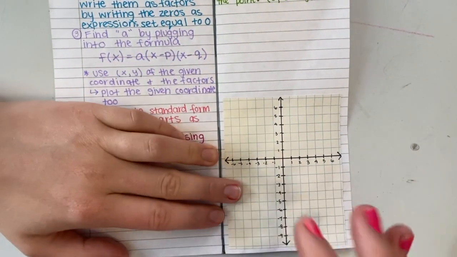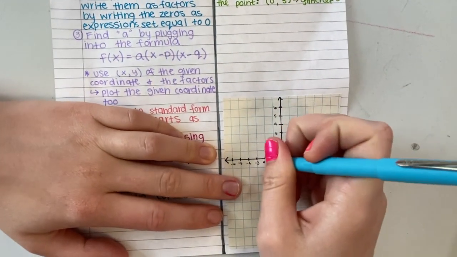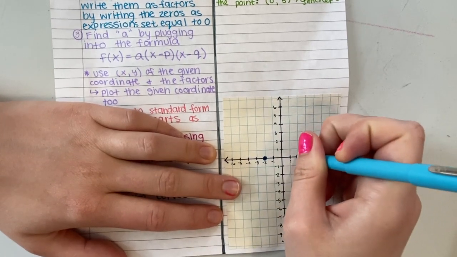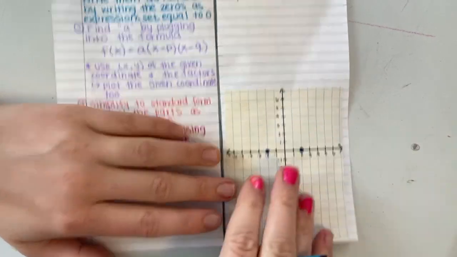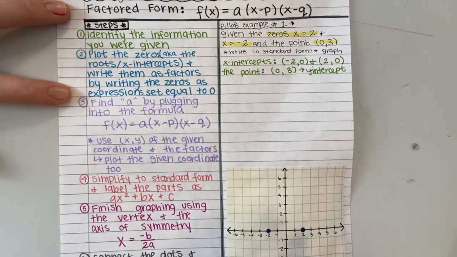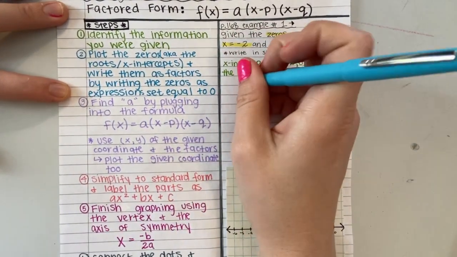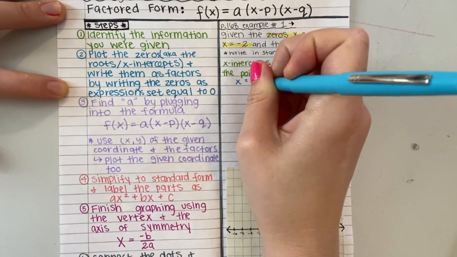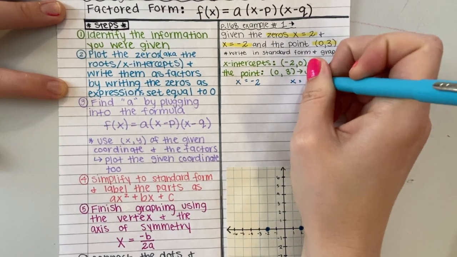I know my x-intercepts are -2 and 2. And what I mean by expressions set equal to 0 is I know that my x-intercepts are x equals -2 and x equals 2.